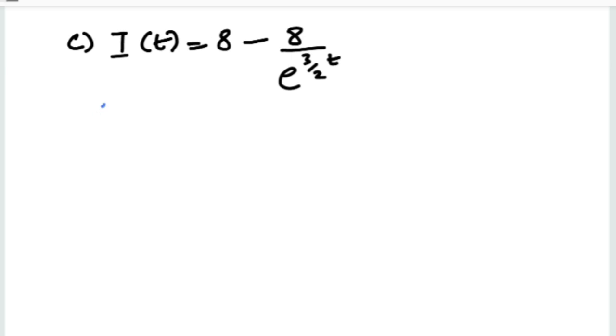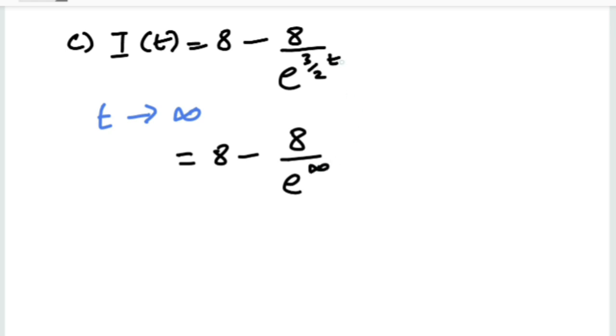If we take t to approach infinity, the answer becomes 8 minus 8 over e to the power of infinity. When 8 is divided by infinity, you obtain 0. So the answer when t is a very long time, I will be 8. That is the answer.